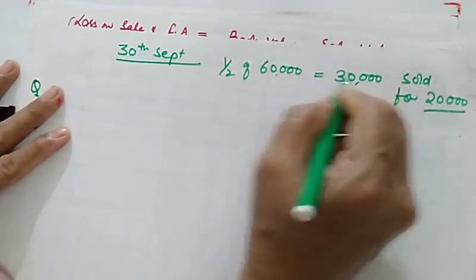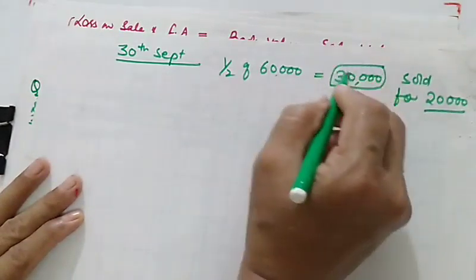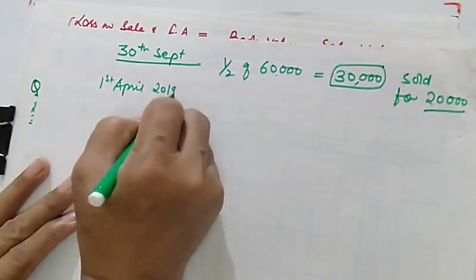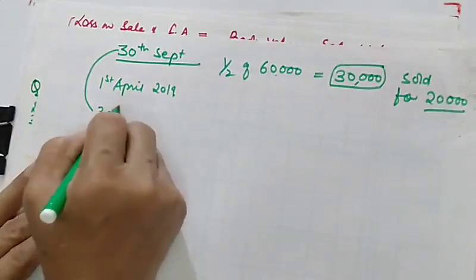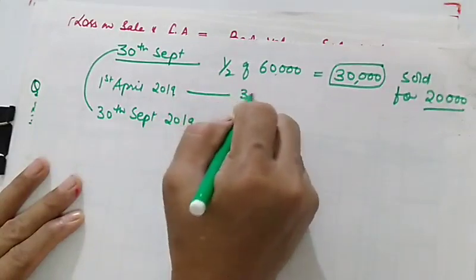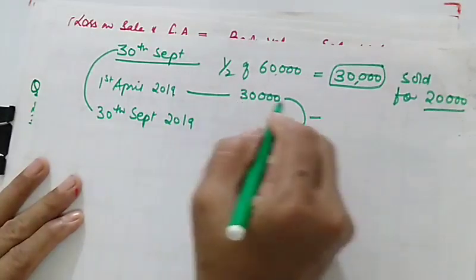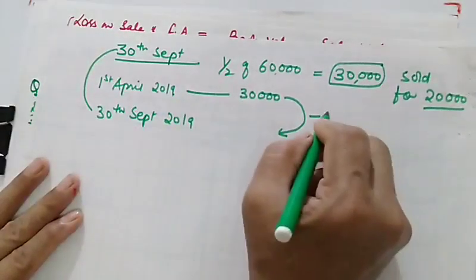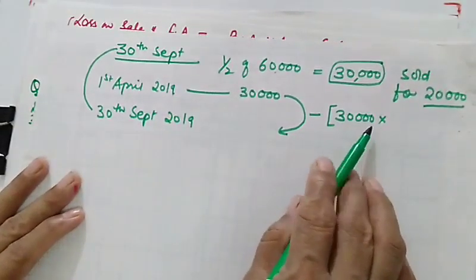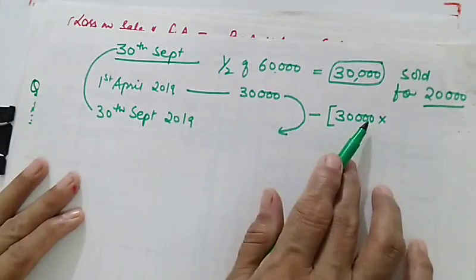This is the sale value, but for profit we need to calculate the book value. So we know the value on 1st April 2019, but we want to know the book value of the asset on 30th September 2019. So how to get this value? By deducting depreciation for this period, and depreciation for this period will be 30,000, as nothing is mentioned, so we are assuming that they are charging depreciation on diminishing balance method, because we don't know the cost of machinery.